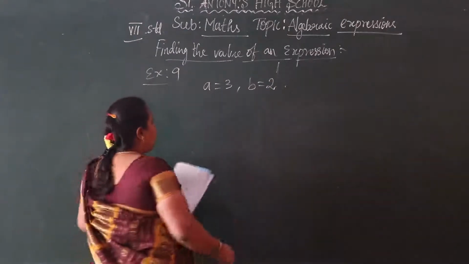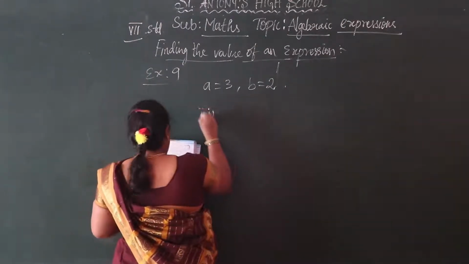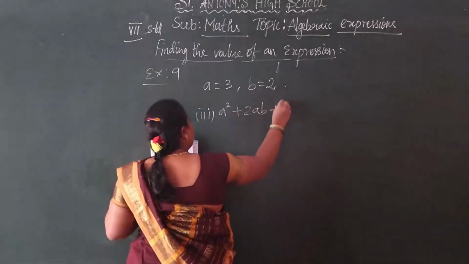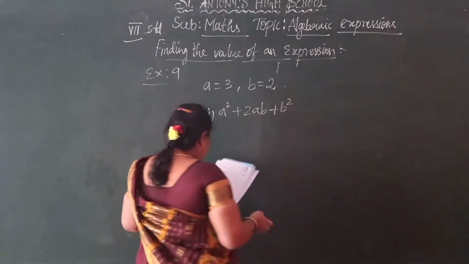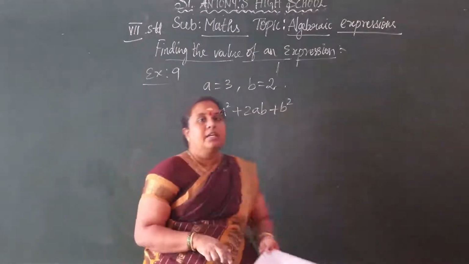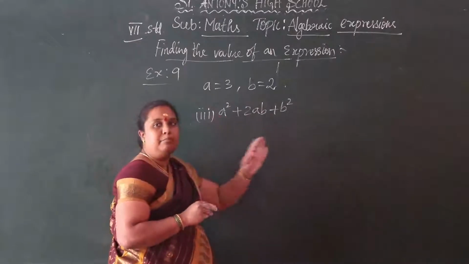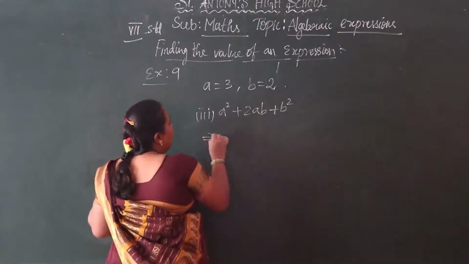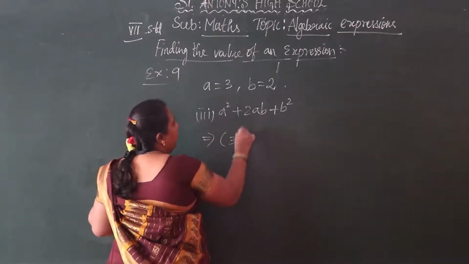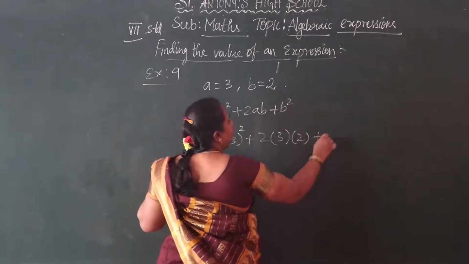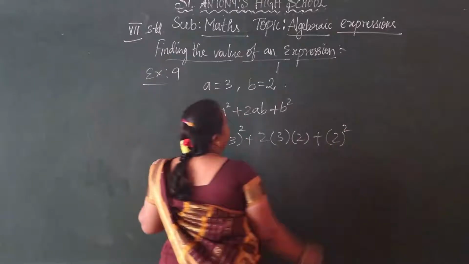The third one it is given: a square plus 2ab plus b square. Here we are substituting the values of the two variables, a and b. So here, 3 square plus 2 into 3 into 2 plus 2 square.